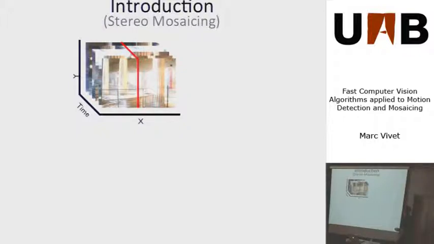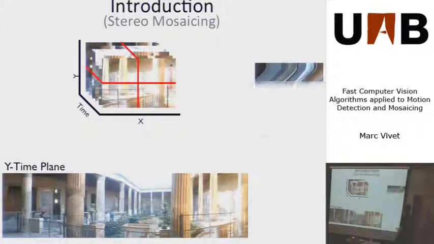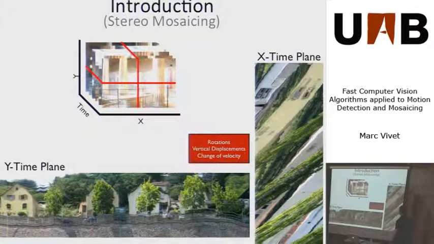If we cut this volume with a y-time plane, we will get a mosaic image. And if we do the same in the x-time plane, we will get the epipolar lines. If these lines are completely straight, the mosaic image will look very good. But in most cases, this is not the case, and the epipolar lines are not straight. So the output is very distorted.